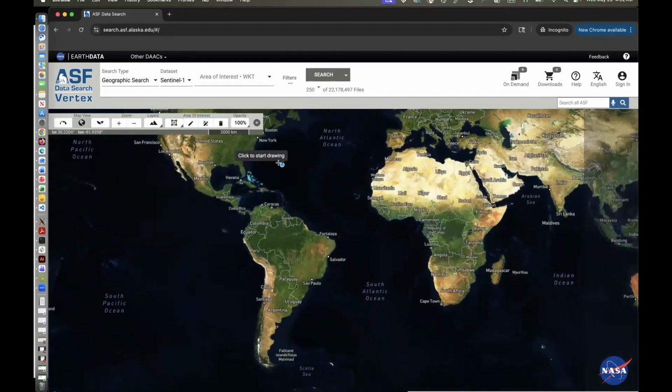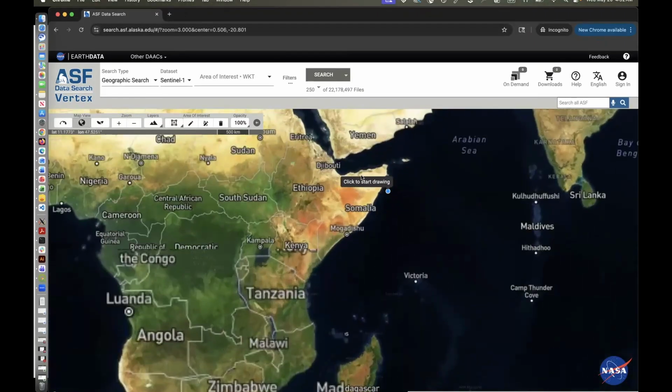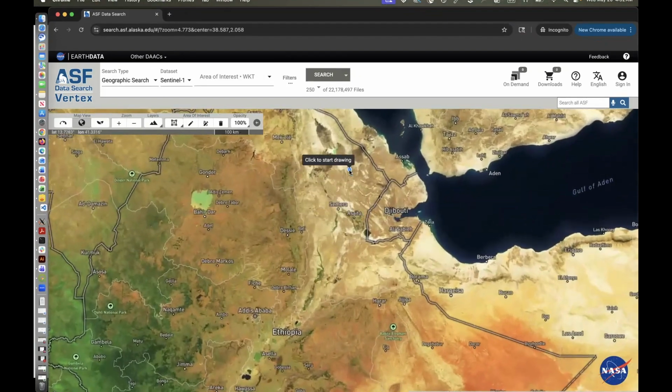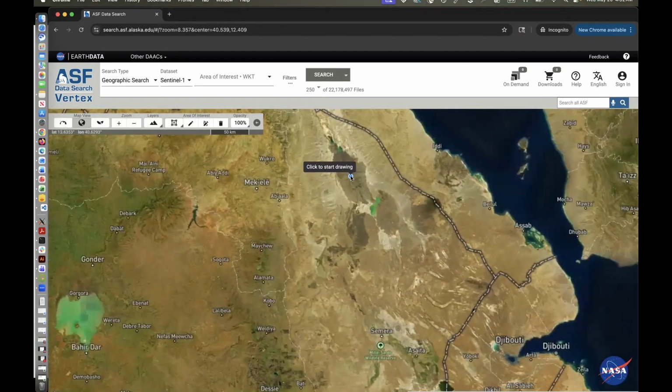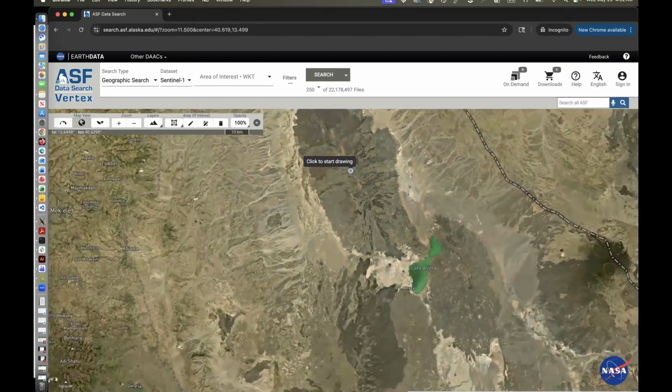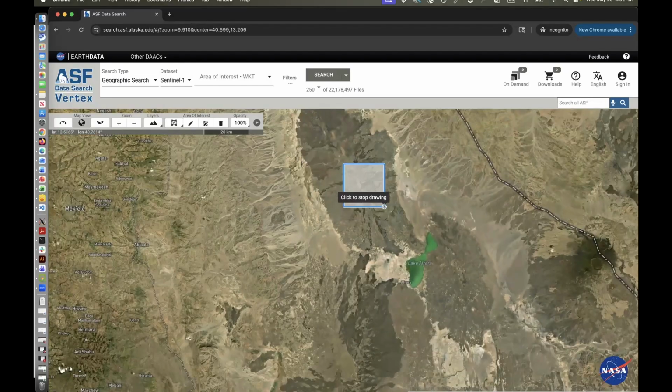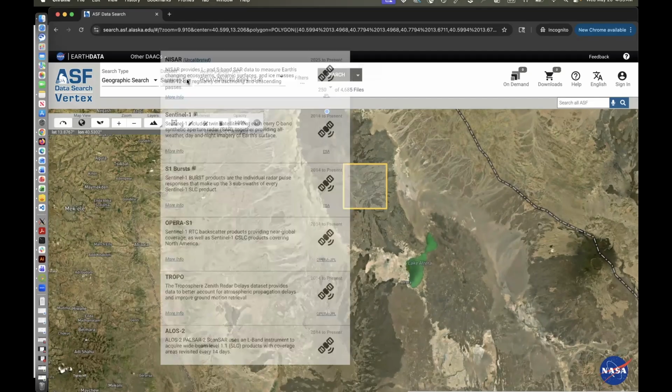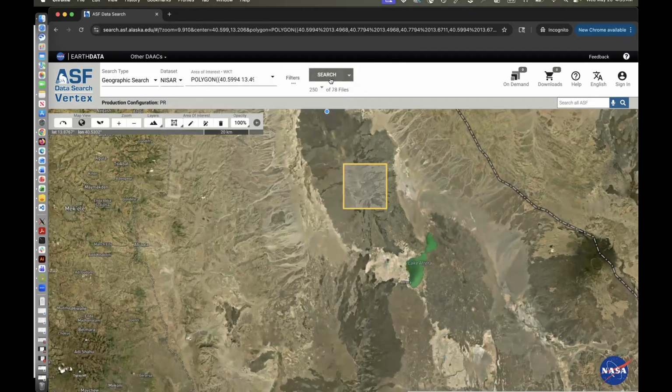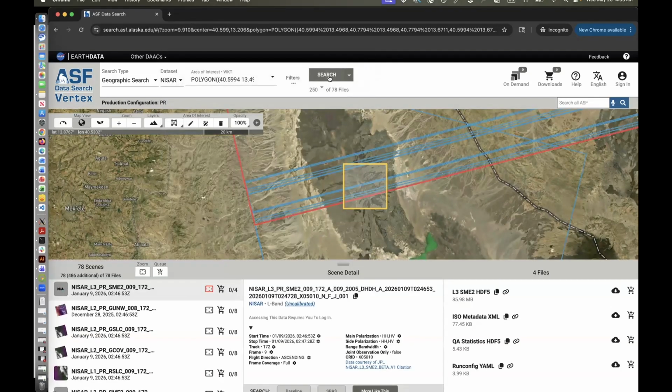We're interested in Erta Ale, which is in Africa, so we'll draw a bounding box to search data. I'll draw that, then choose NISAR as our data set and click search.